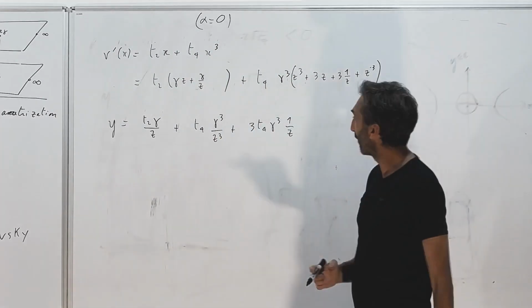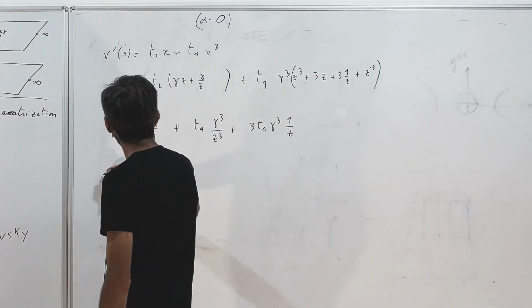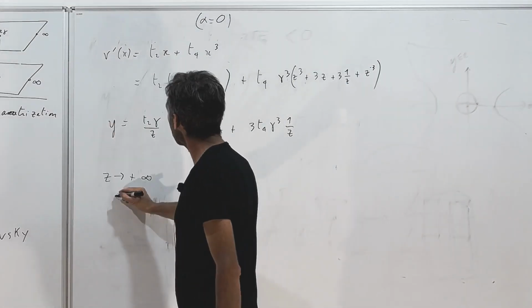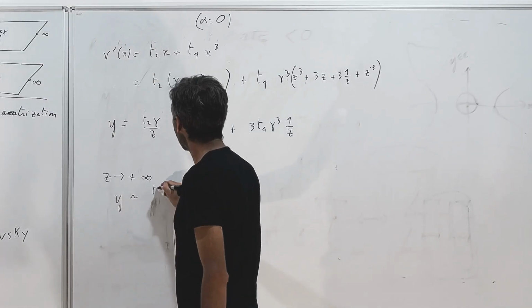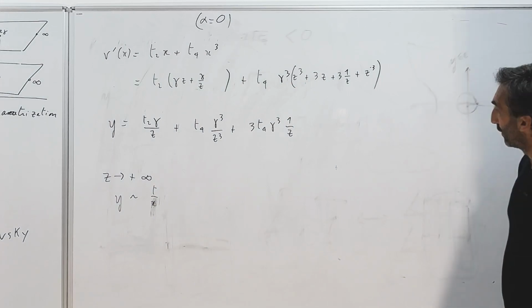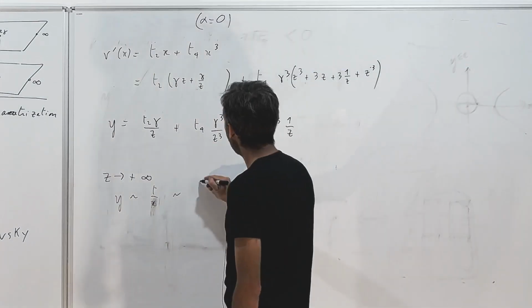Now I want to see that when z tends to plus infinity, y should behave as t over x, which means t over gamma z.